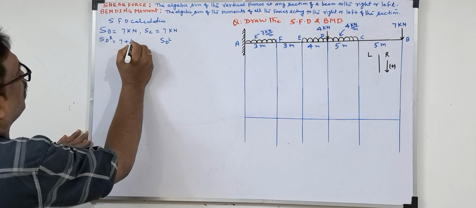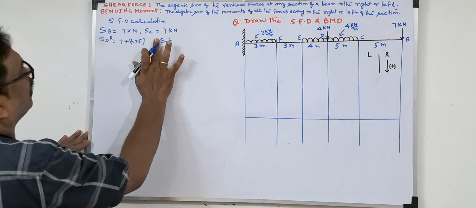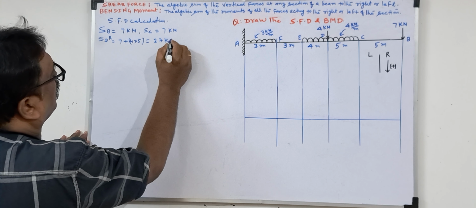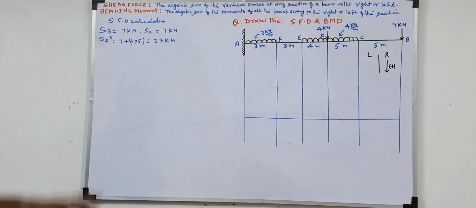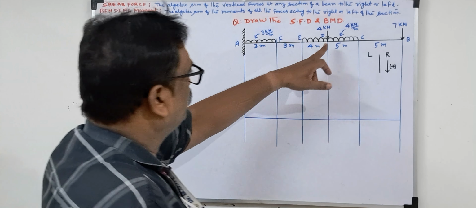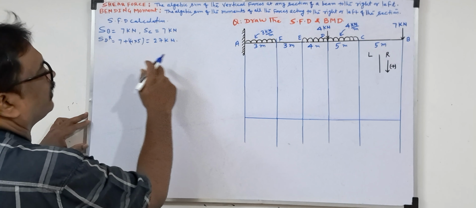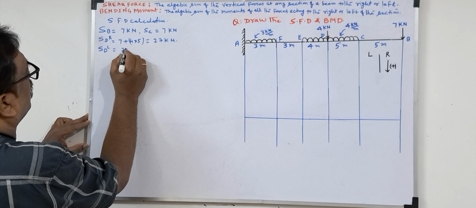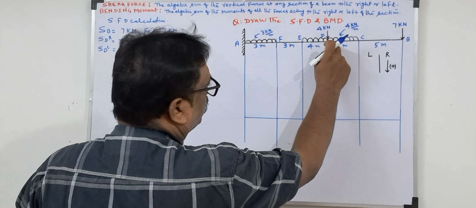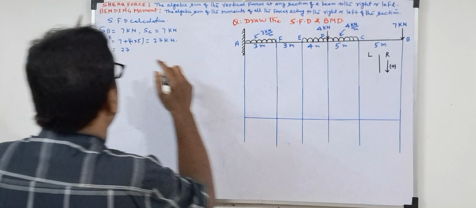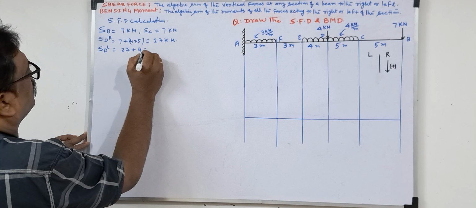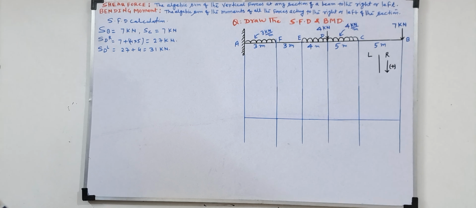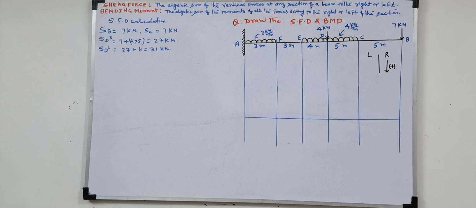How much will it come? 27 kilonewton up to R. Now if we take SDL, SDL means 27 up to just before this point, now at D just add 4. How much will be there? 31 kilonewton. Because the unit is kilonewton.